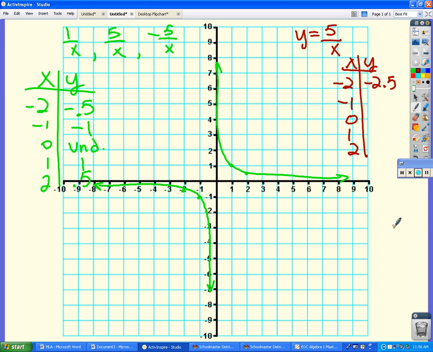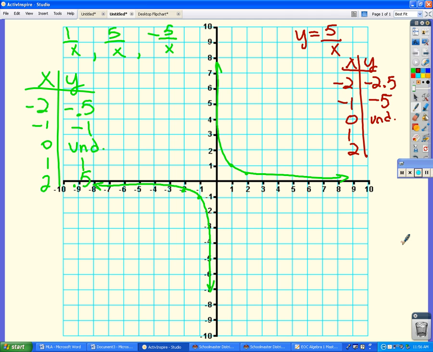If I plug in -1, what do you get? -5. 5 divided by -1 is -5. What happens at 0? Undefined.